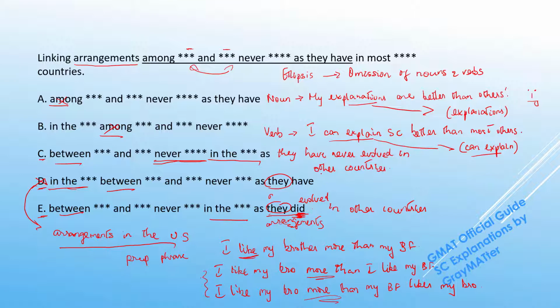So what exactly are we trying to compare here? Are we trying to say that the arrangements never evolved in this country as they have never evolved in other countries? Or are we trying to say that the arrangement never evolved in the US as they evolved in other countries? You will notice that E's logic is the most sound one, C goes off. Therefore, the right answer choice is E for echo.